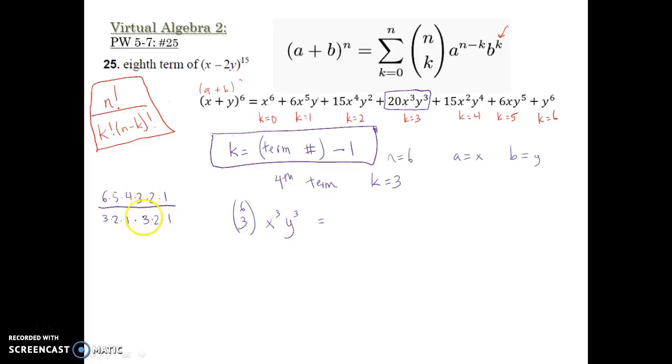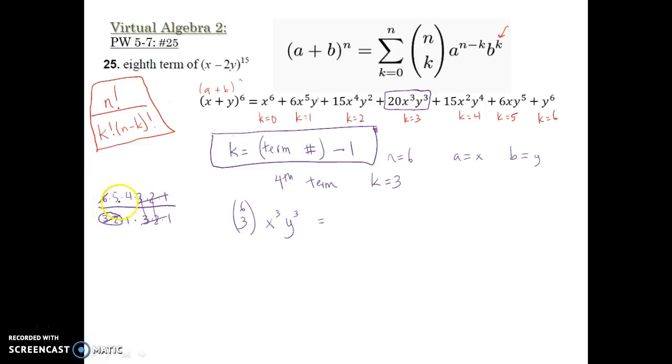So the n minus k factorial is always going to cancel out with basically the last part of the n factorial, right? 3 divided by 3 is 1, 2 divided by 2 is 1, 1 divided by 1 is 1. And now we're going to look for other things that cancel out, and I know that 3 times 2 is 6, so these two will cancel this one.